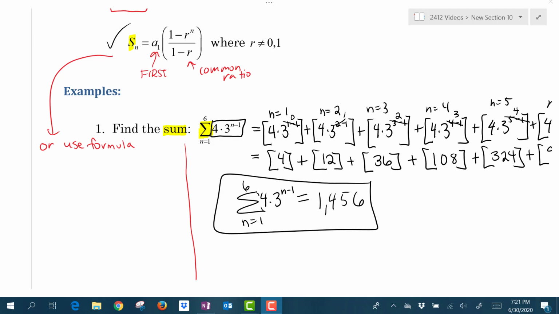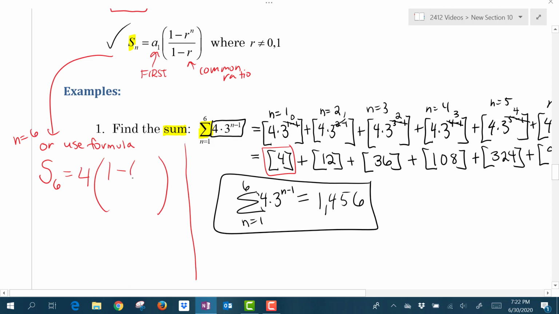To use the formula, we want to know how many terms are we adding together, and that's 6, so our n value is 6. We need to know the first term of the sequence, which we found out was 4. And we're going to multiply that times 1 minus the r value raised to the power of n, which we know is 6, divided by 1 minus that r value.